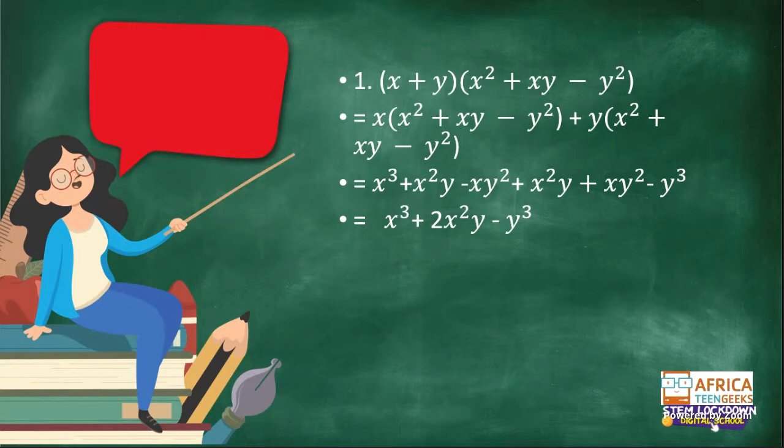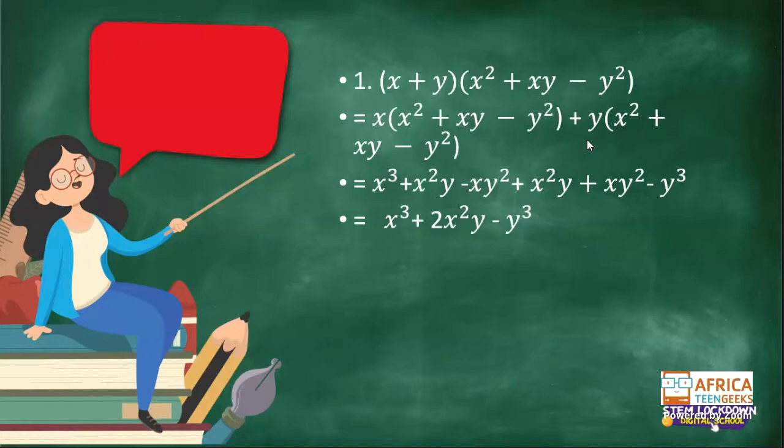Thereafter, you multiply x by x squared in the first instance here to get x cubed. And then you multiply x by the second term there, which is xy, to get x squared y. And then you multiply x by negative y squared to get negative xy squared. And then you come to y.